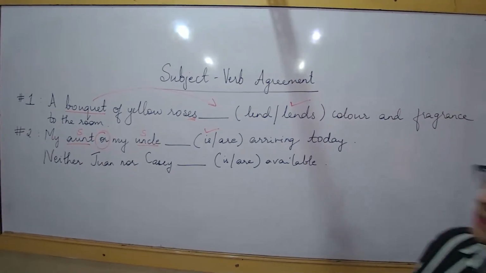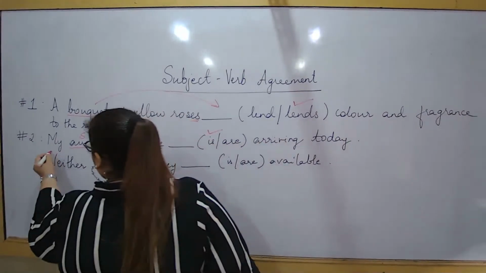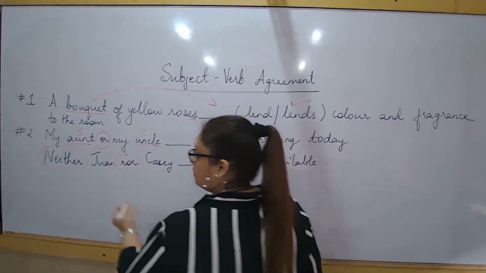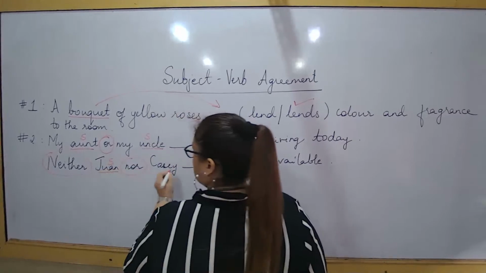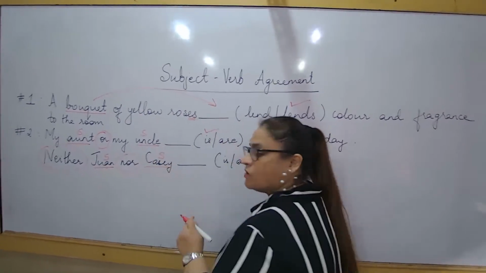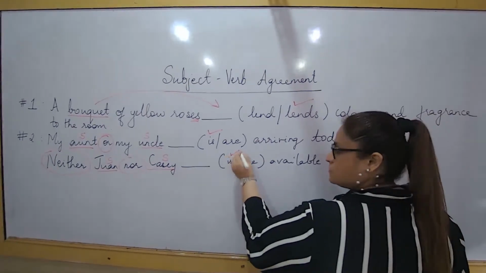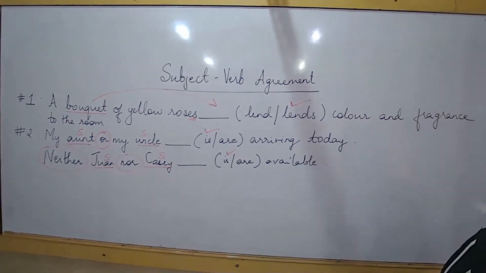So what have we done here? It is joined by the conjunctions neither nor. The first subject is singular, the second subject is also singular. So what will your verb be? Is. This is clear?